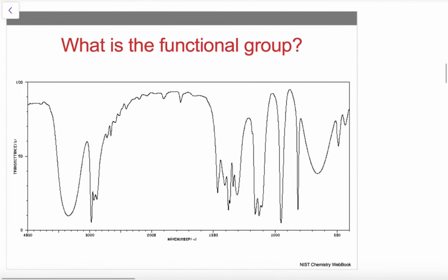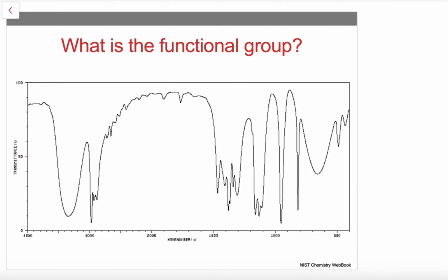So now let's look at a few spectra. The question that is typically asked with IR is, what is the functional group? For our first one here, what sticks out? We have this stretch here around 3300, so that is going to be our OH stretch. That's one of the first stretches to look for. I previously mentioned that it's also helpful to look for carbonyl stretches around 1720.